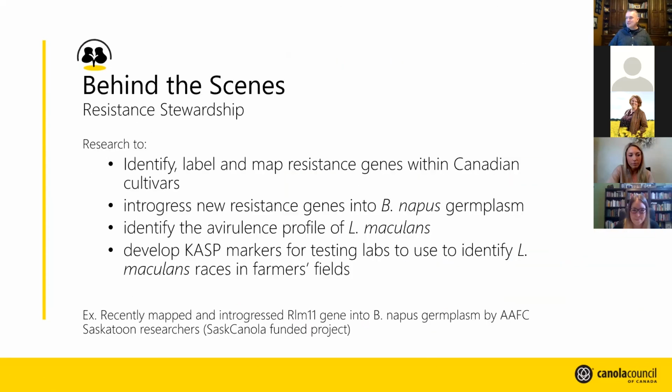But the good news is that researchers are working on bringing new types of resistance to the marketplace. This resistance gene RLM11 is currently being developed and funded by SaskCanola to put this gene into canola varieties so that we'll have another type of resistance eventually for the marketplace.